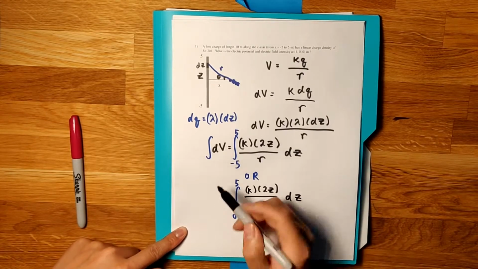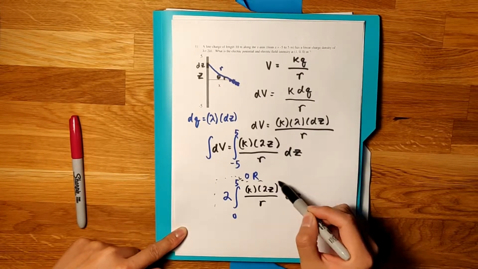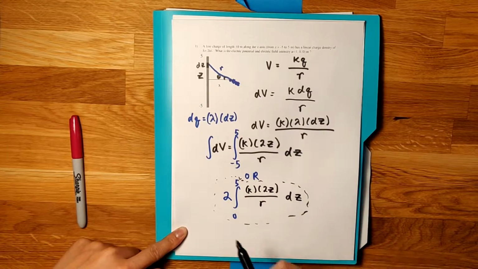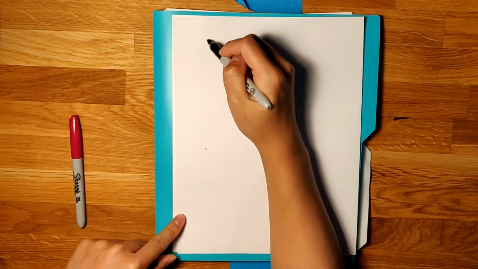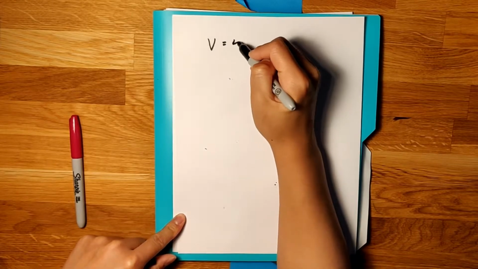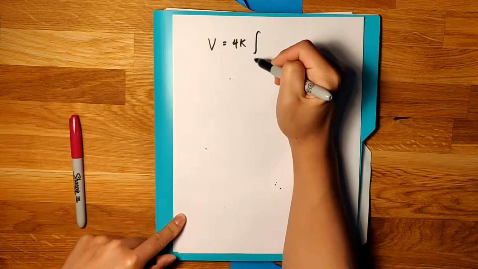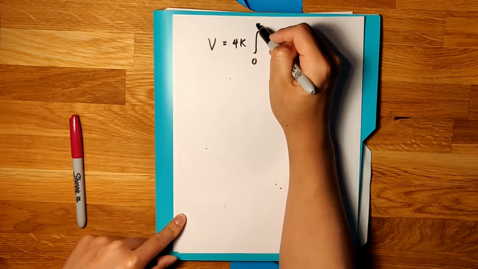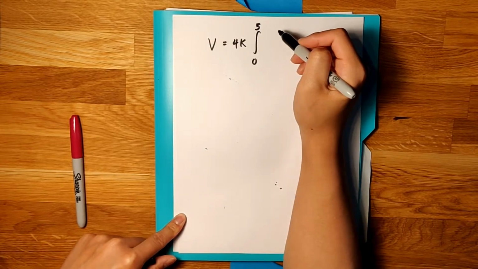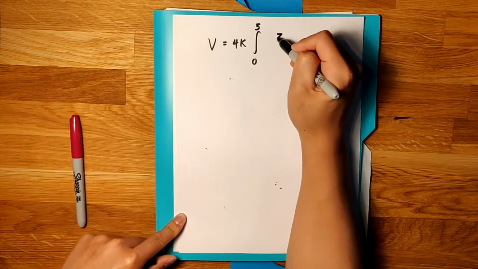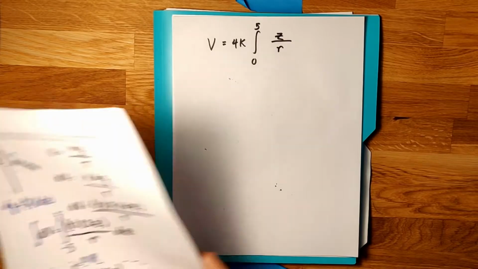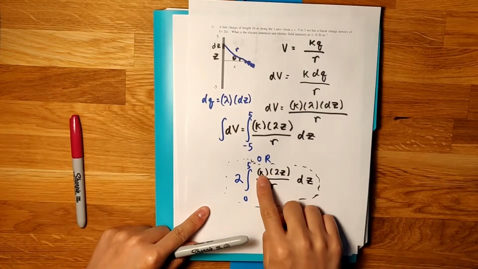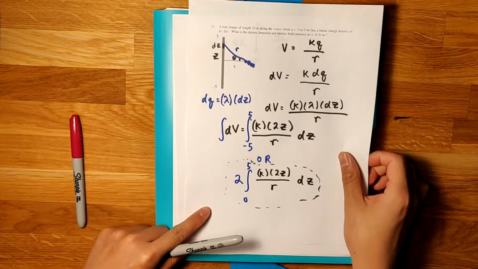So if I choose this method, then the integral will now simply be V equals 4K, integral from 0 to 5 of z over R, after we take out the constants. And the constants again will just be 2 and K, and if I move it outside, will give us 4K.